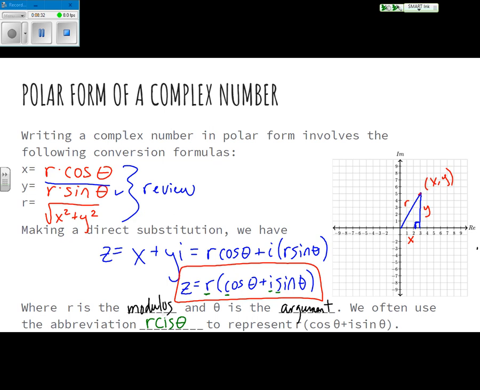And so it's r cis theta. Mr. Lovelady is very sad to see this, and I will not be using this at all. However, this is how they will have some of the answers for you in your practice problems.